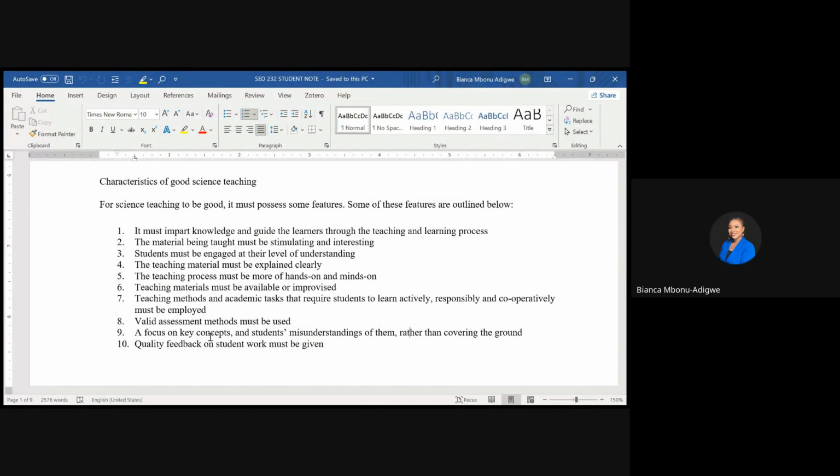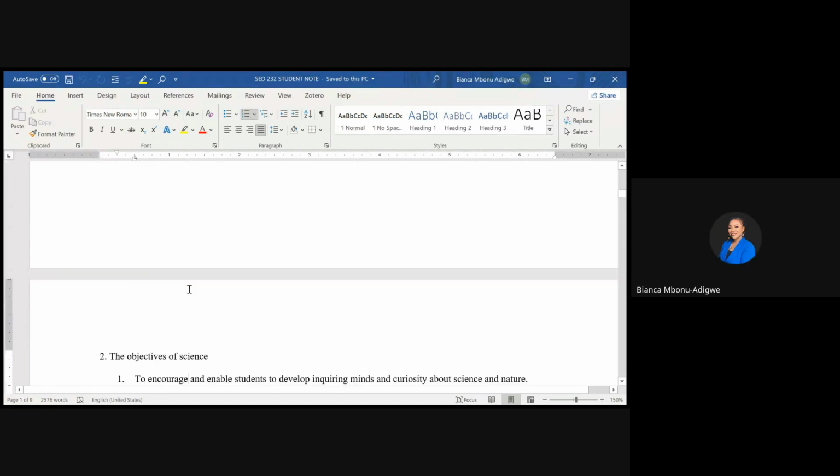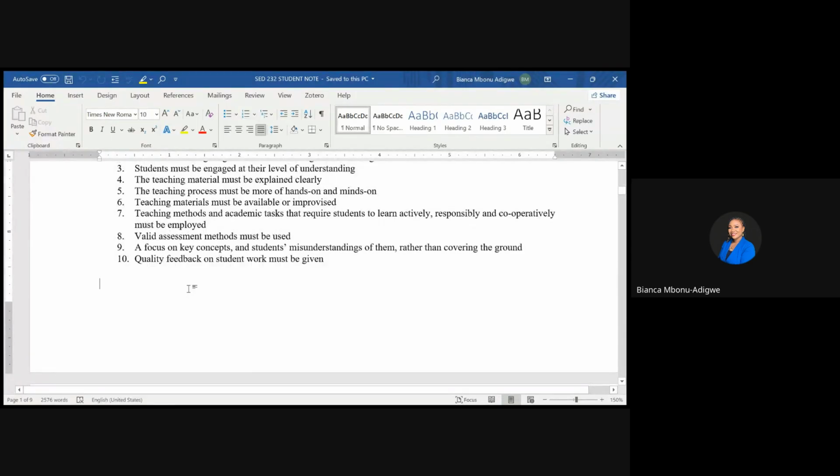Okay. All right. So yes, let's quickly rush through it. It's okay. So engage them at their level of understanding. Teaching material must be explained clearly. Teaching process must be hands-on, that they must do something and their minds must be on too. So when we say hands-on, minds on, hands-on means your hands must be doing something.